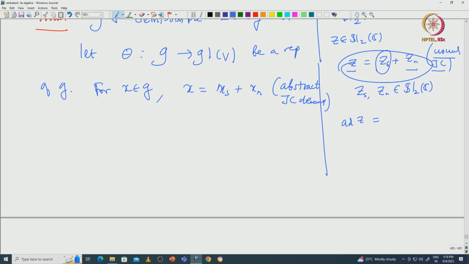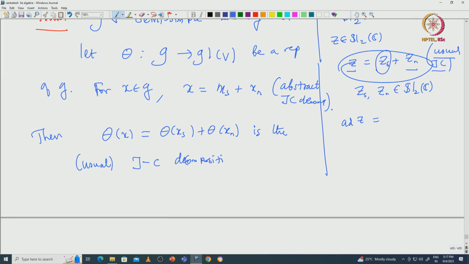So, that is the definition of the abstract Jordan decomposition. So, now what we want to prove is that theta of x being equal to theta of xs plus theta of xn is indeed the usual Jordan-Chevalley decomposition of theta of x.